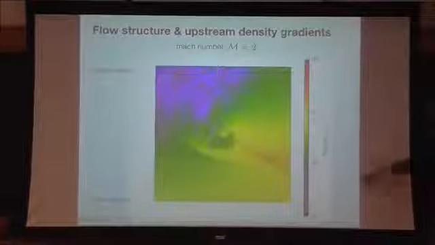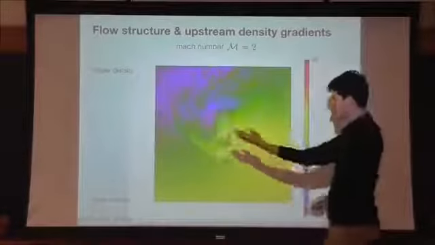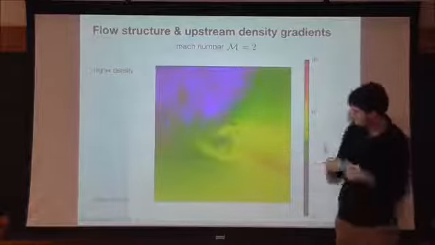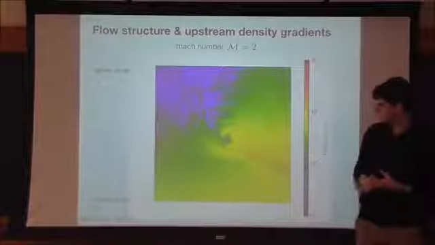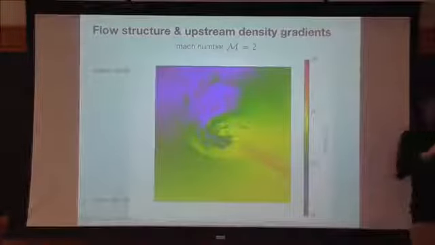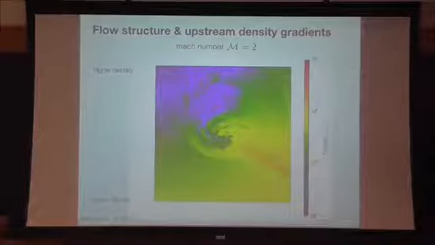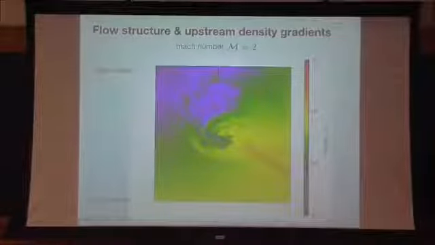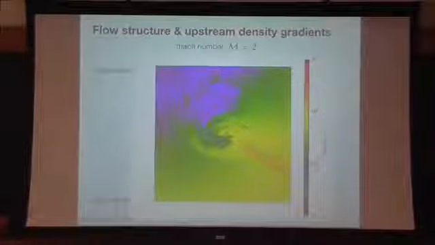Okay, so what you're seeing here is gas coming from the left. The high density material is rotating around here, and you have this turbulent flow, and there's this dense pile up between the material that's trying to rotate around, and the constant flux of new material coming in from upstream and running into it.